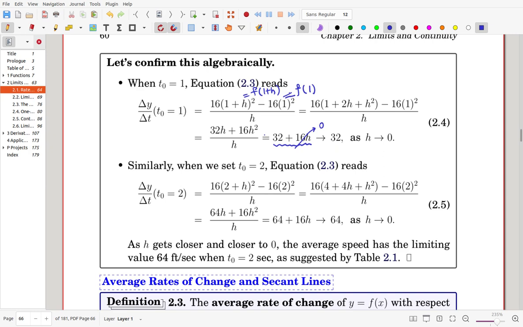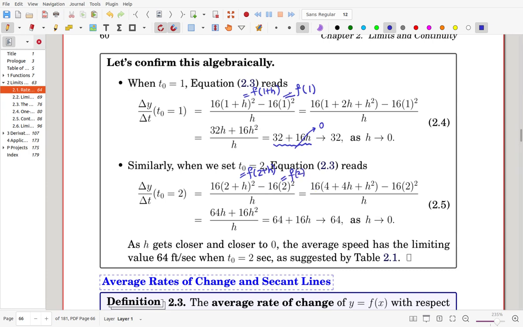In exactly the same way for t equal to 2, we can check the quotient. Now, the first term in the numerator is the same as f of 2 plus h, and the second term is f of 2.